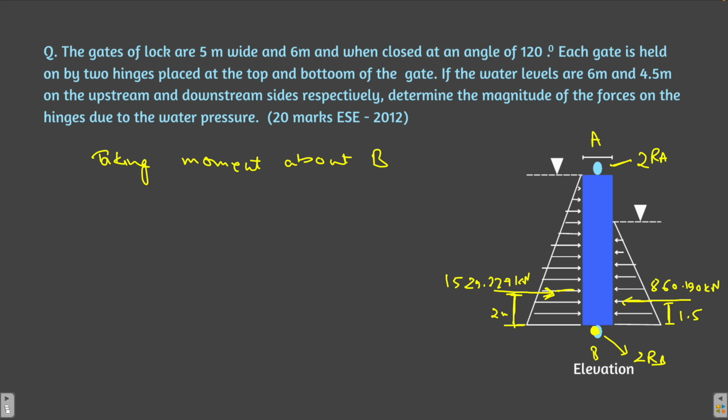This force is trying to rotate in the clockwise direction. I hope you all know how to take the moments. If someone is not understanding, please comment and I'll explain this.